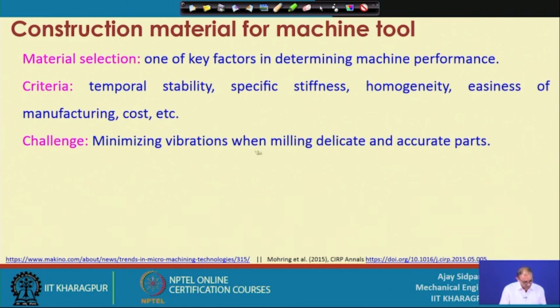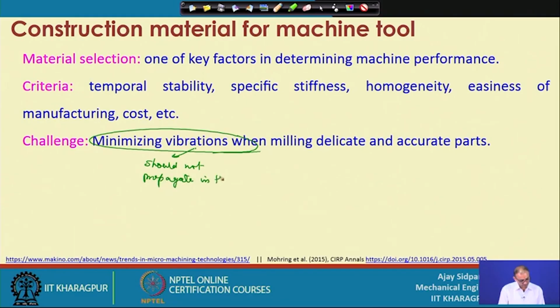So, when you are talking about this, vibration is a very important issue here, which occurs because of the forces acting between the tool and workpiece. So, this vibration should not propagate into the machine structure.